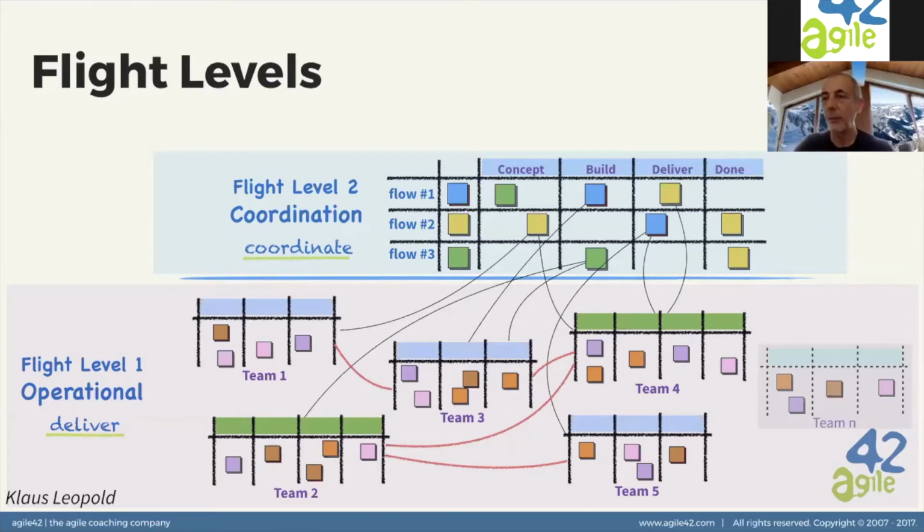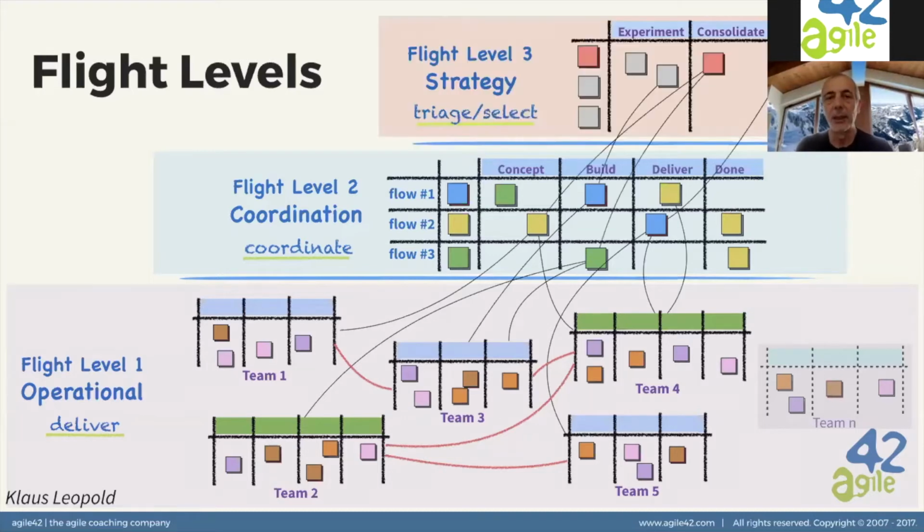And then again, we go up because we want to be sure that we are aligned with our strategy. That's level 3. And for each strategic initiative, we have a number of projects or initiatives at level 2, and each one will be worked on by multiple teams and so on. So it's very important to have this global view of what's going on.